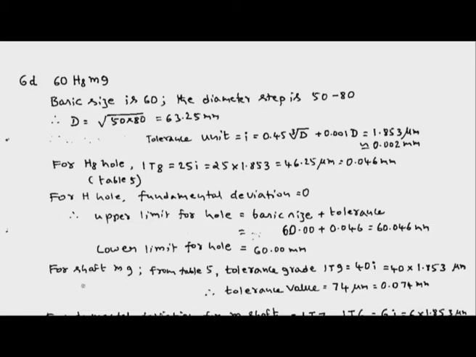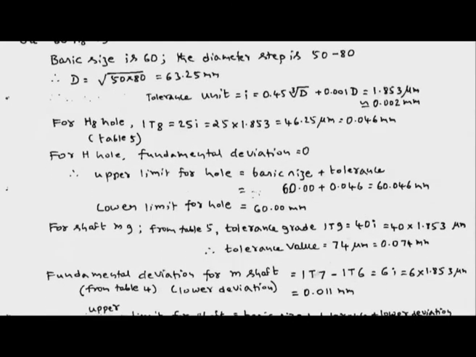Now, moving to the shaft M9, the tolerance grade suggested for the M9 shaft is IT9. So, from table number 5, tolerance grade IT9 is equal to 40 times I. So, the tolerance value for the M9 shaft becomes 0.074 millimeter.